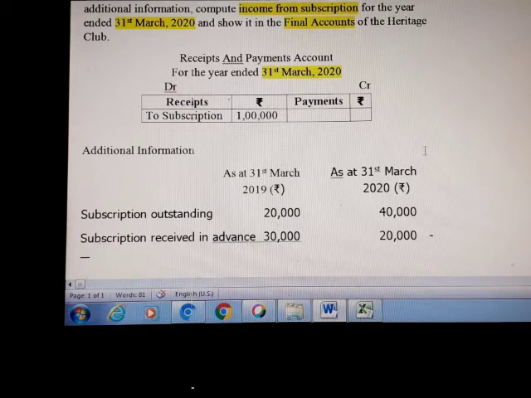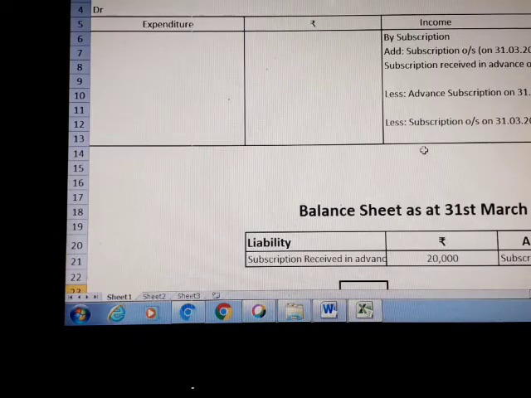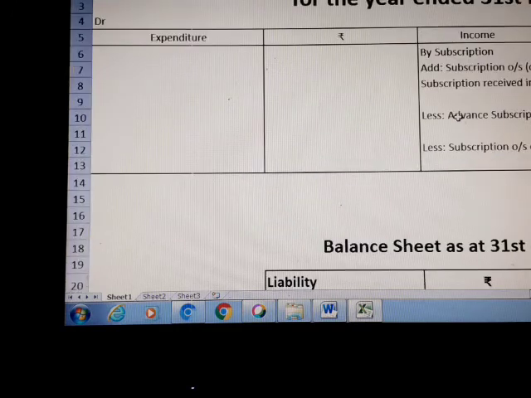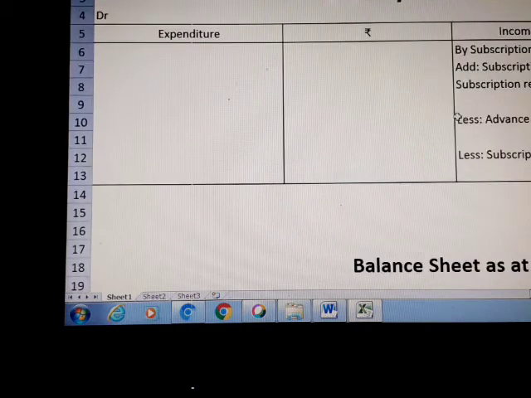Now let's see how it will appear in our subscription account. Any doubts so far? Right. Now look here. This is how our subscription account will appear.